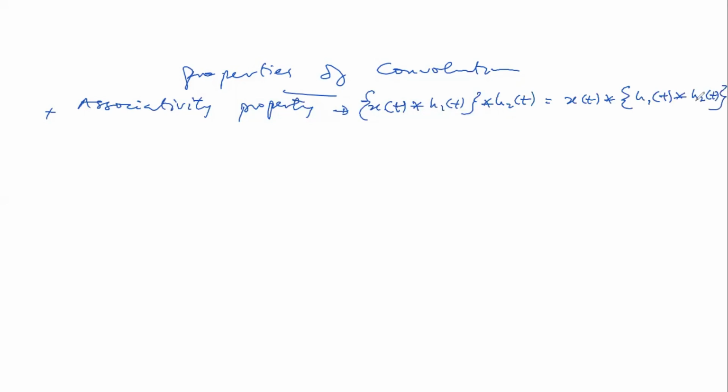So this is associativity. Then we also have the distributive property. Okay, I'll come again, don't worry.